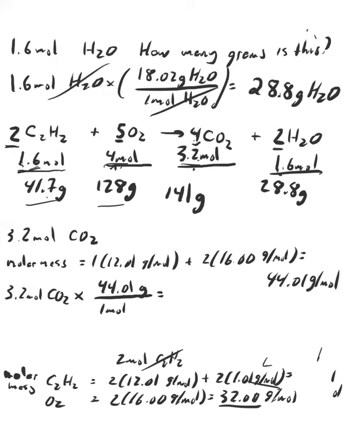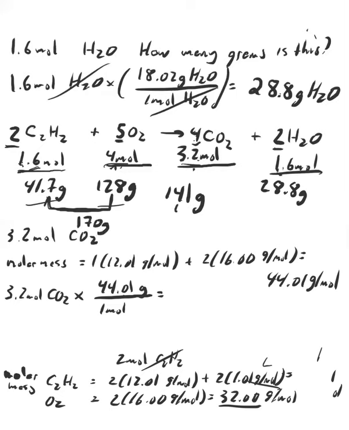Okay. You could test the law of conservation of mass. Remember what I said is the mass of the reactants that actually react has got to be equal to the mass of the products that are actually formed. So the mass of the reactants are these 2 numbers here. So just adding those together, 41.7 plus 128, it looks like it's around 170.